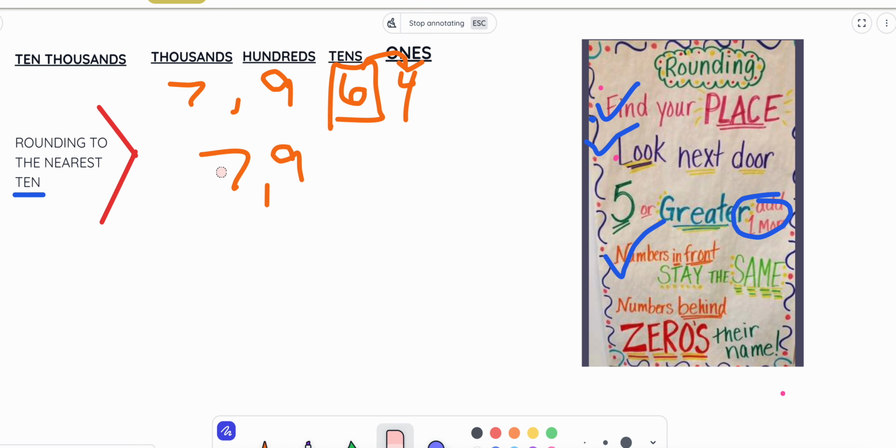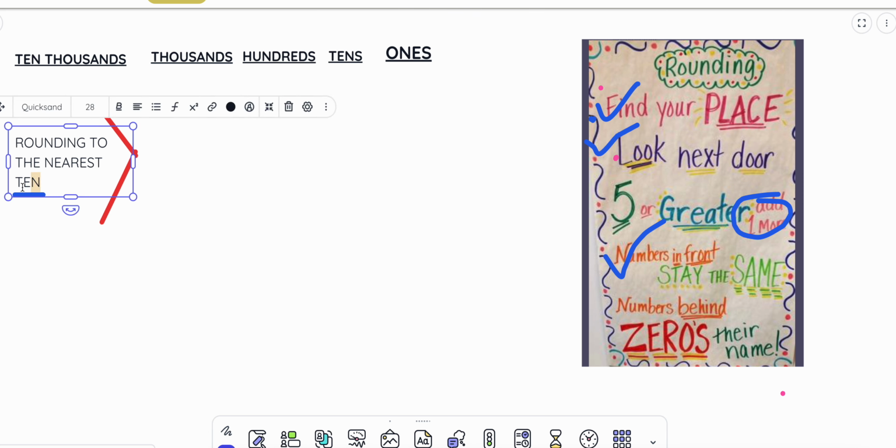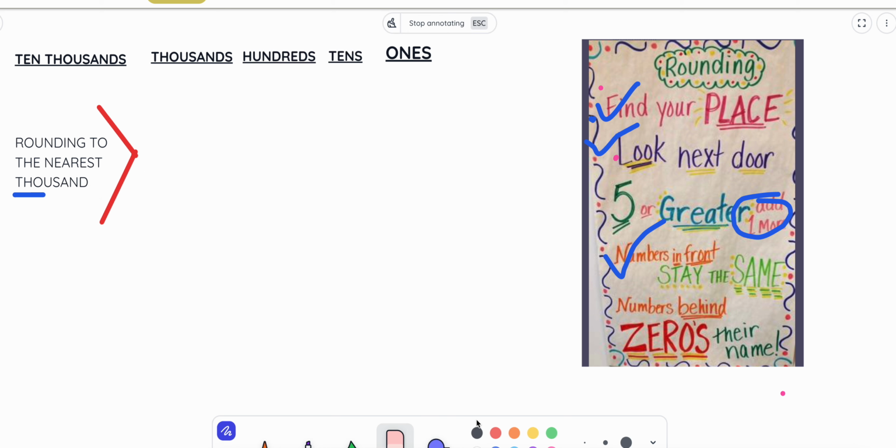Let's do it again. Practice never hurts. Let's now round to the nearest 1,000. Here we go. We'll keep it orange. And we'll make our number 72,465.